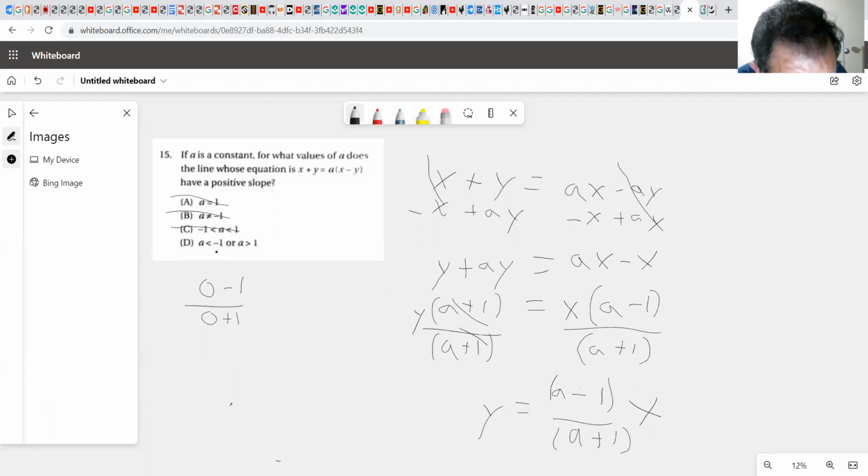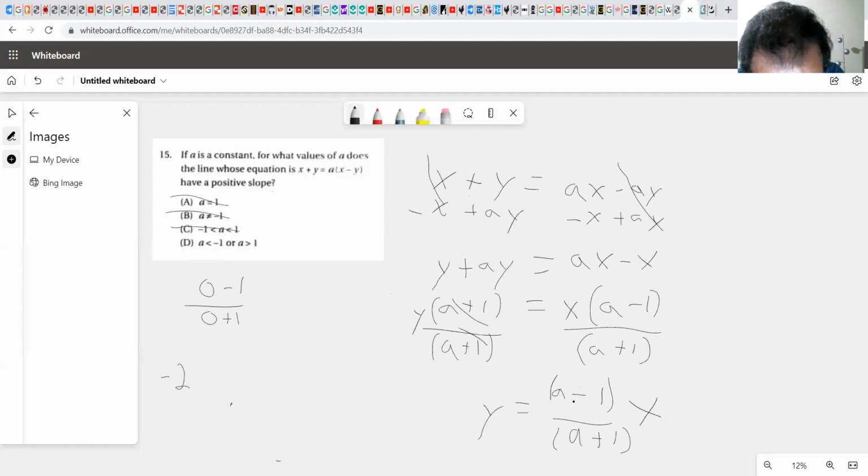But then this last choice says a is less than negative 1, or a is greater than 1. So let's say I tried a number less than negative 1, say negative 2.